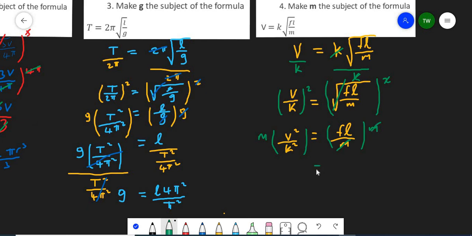So what we're left with here is just the numerator, which is FL, so FL is equal to M times the bracket here, which is just V squared over K squared.